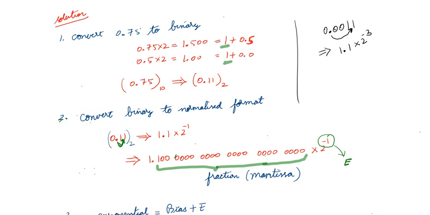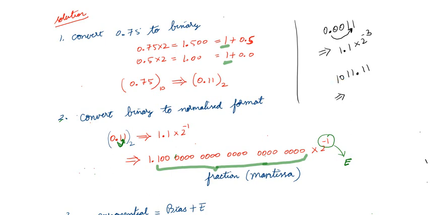And I can give some other example, like 1011.11. How can I normalize this? What is normalization? You should convert it to 1 point something. So you can see the dot is here, and I need to bring the dot to this position.